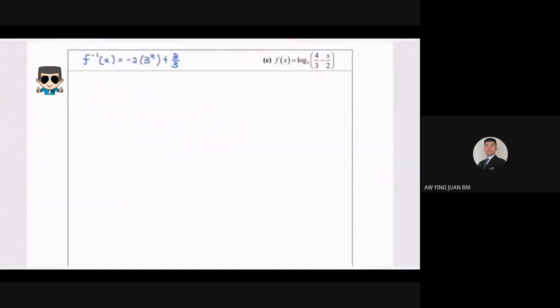So now I'm going to focus on graph sketching. Step number 1, identify the domain. As we all know, for log base 10 of x, x greater than 0 will be the domain. So for this case, log base 3 bracket 4/3 minus x over 2, so 4 over 3 minus x over 2 greater than 0.